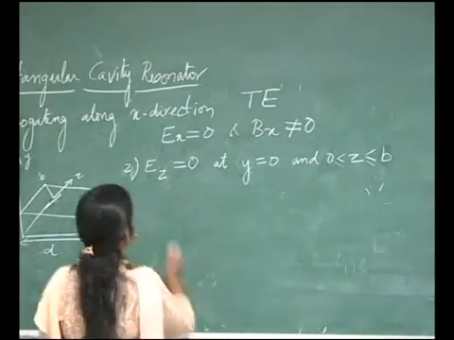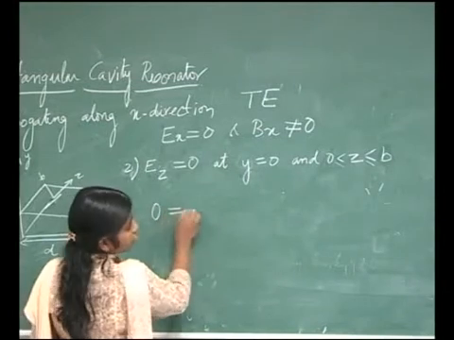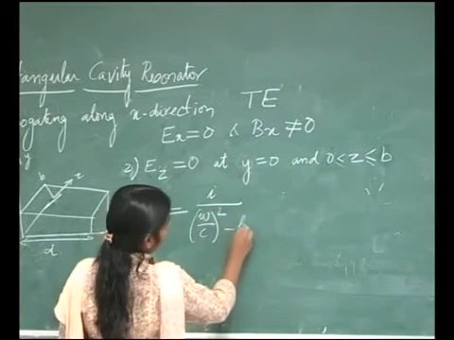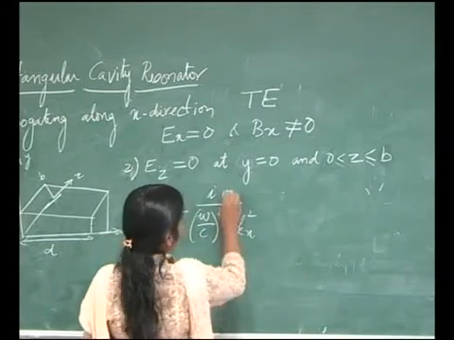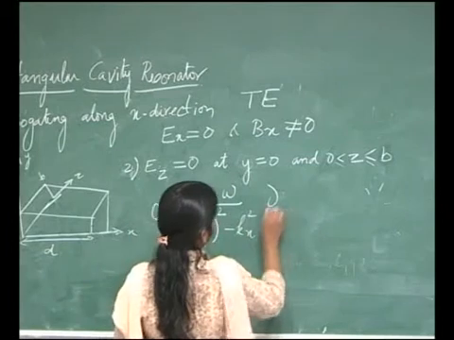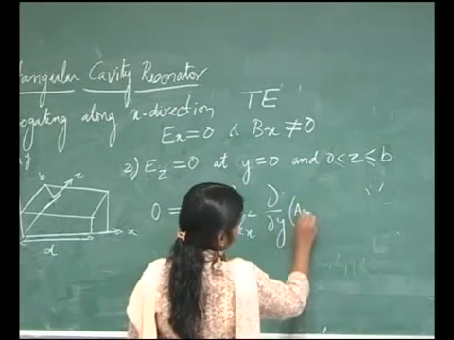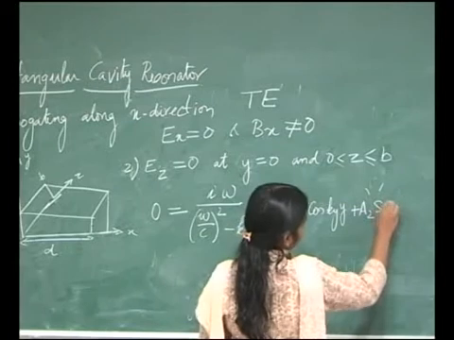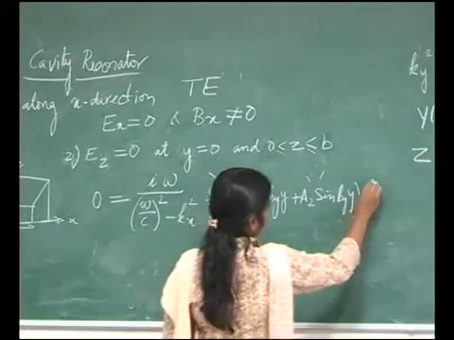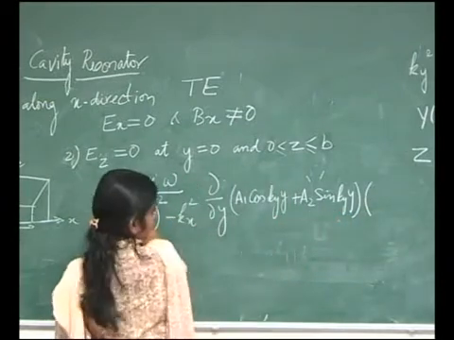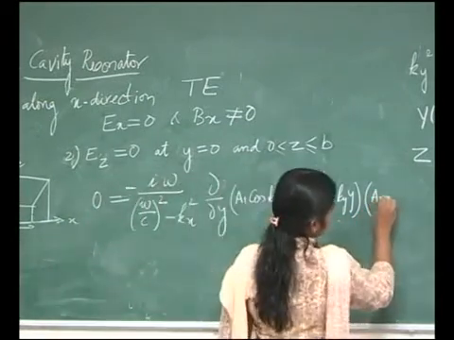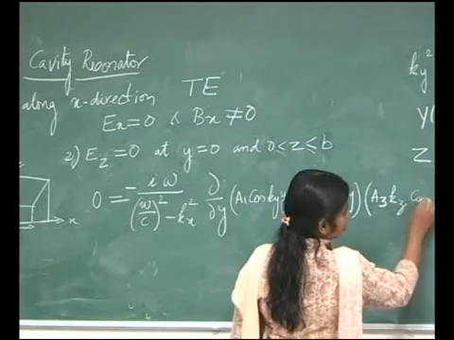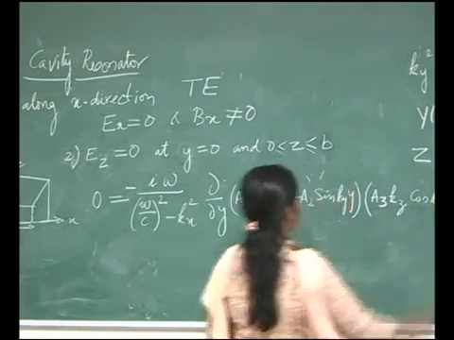So I will have Ez, which is 0, is equal to i over (omega by c) whole square minus kx square, and i omega del Bx by del y of (a1 cos ky y plus a2 sin ky y) into, I will have a minus sign here, a3 kz cos kz z. Is it okay?